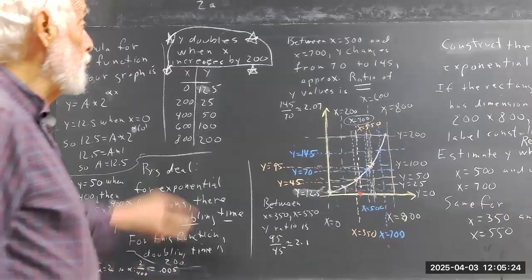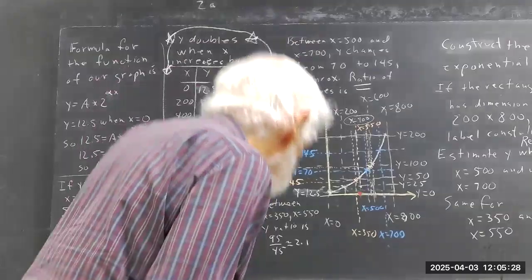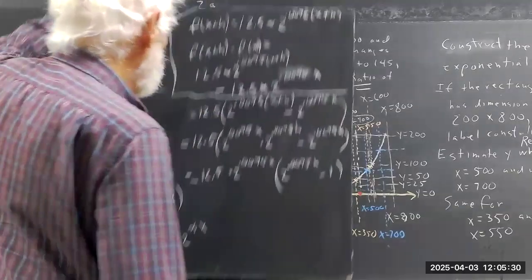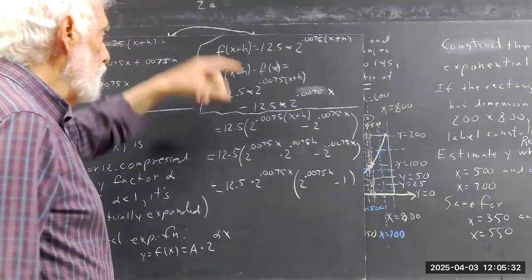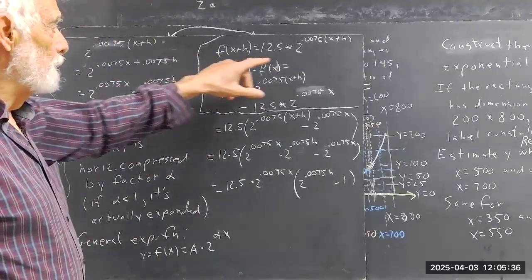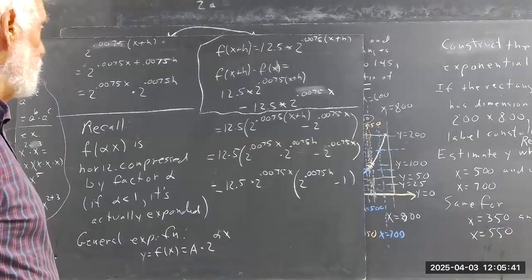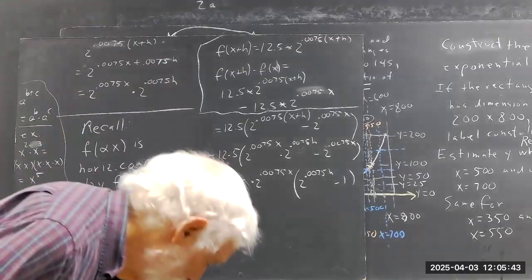Now, if you were to come back, and we're not going to take time to do it, you're going to do the same thing I asked you: f of x plus h minus f of x, and so forth.